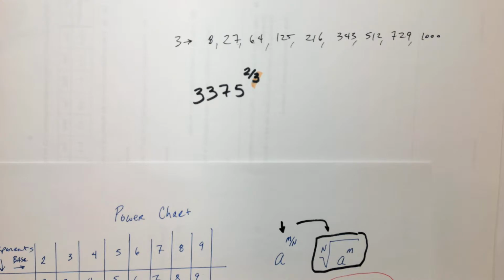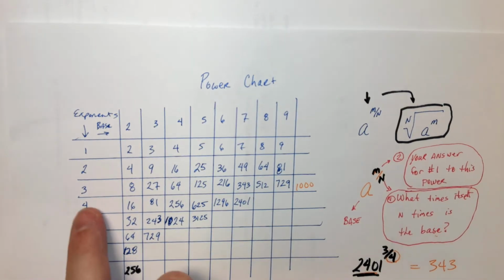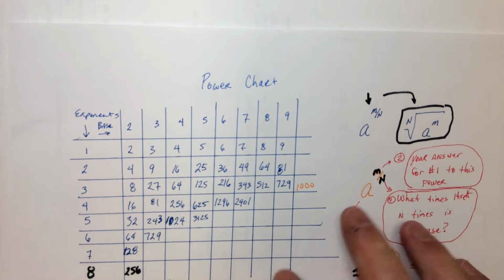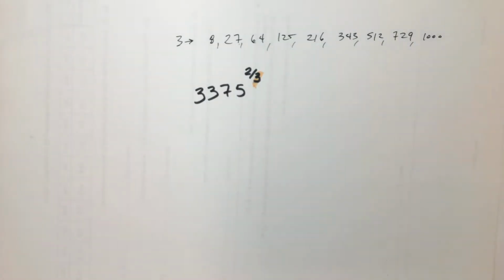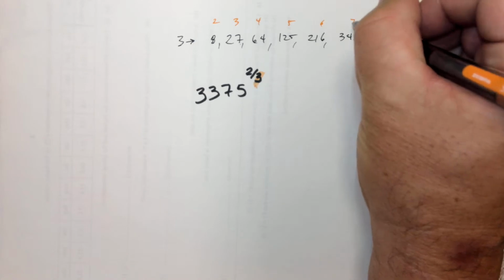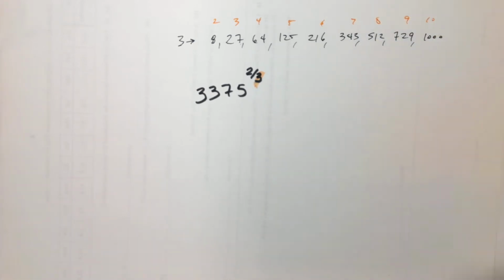I just took this row right off of my chart, because that's what we need. This would be 2, 3, 4, 5, 6, 7, 8, 9, 10, and the next would be 11, and then 12, and so on.